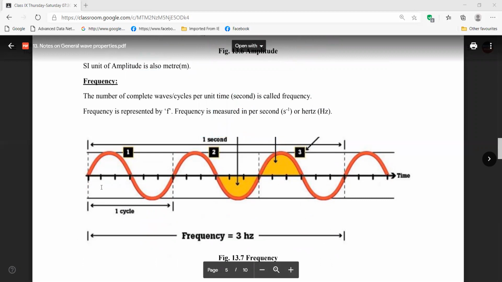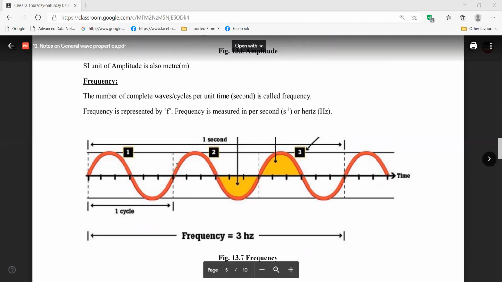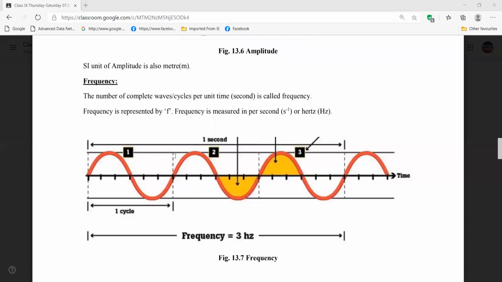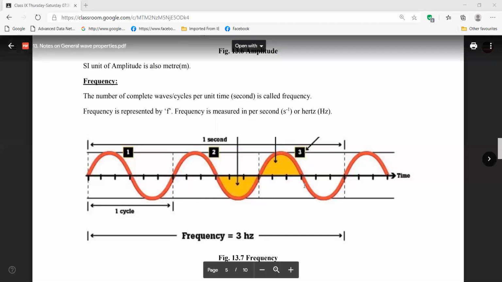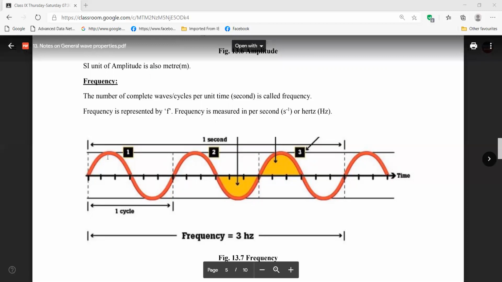Okay. Look, we have waves here, right? How many complete waves are available here? From here to here, one complete wave, right?